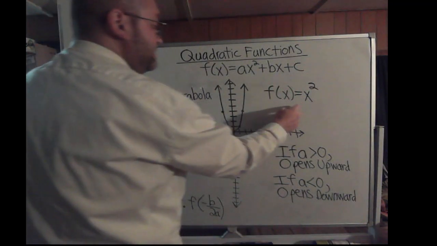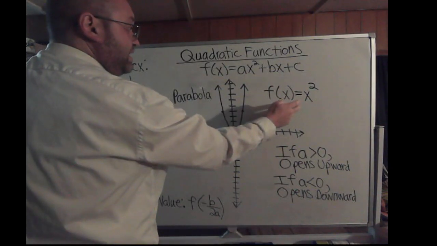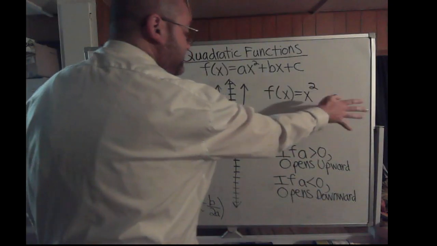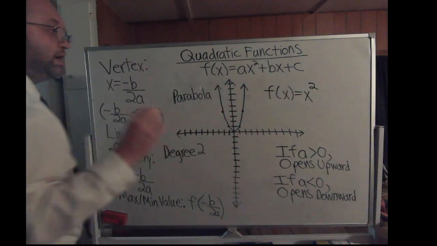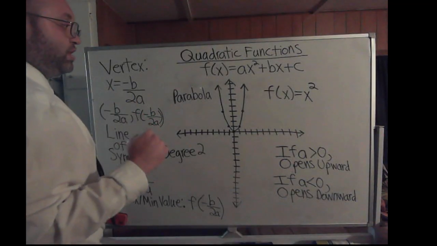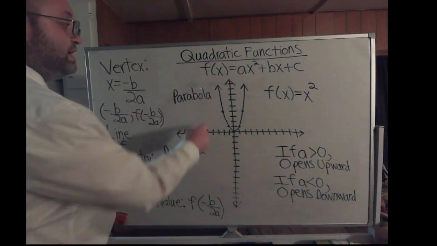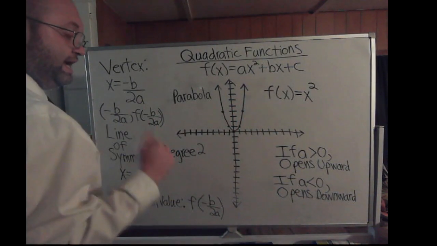Well, for f of x equals x squared, your A is 1. That's your coefficient on x squared. You have no bx or C term. So this is your most rudimentary quadratic graph. Whenever you graph a quadratic function, you get a shape called a parabola. That's what you're going to get every time.